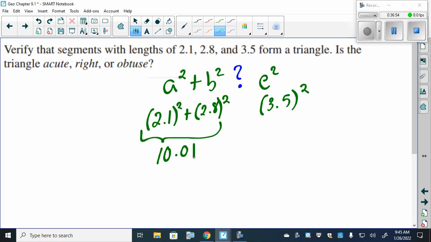So what did you put in for 3.5 squared? Squared plus 2.8 squared.